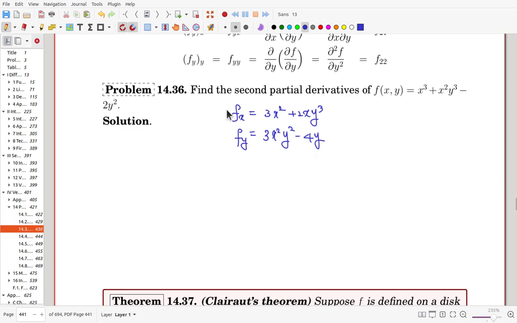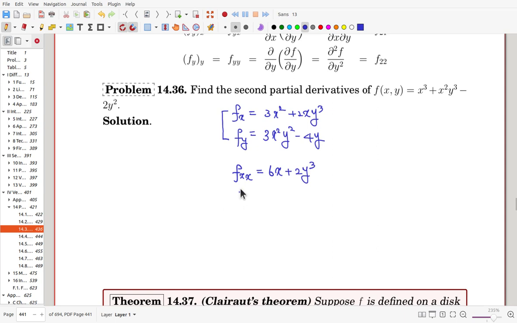Okay, so we got the first partial derivatives, and from here we can get second partial derivatives. For f sub x, we take one more time the x-directional derivative. From here, now 6x, and that will be plus 2y cubed, right?